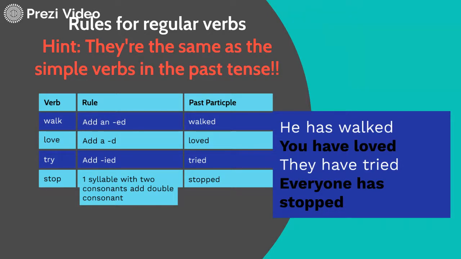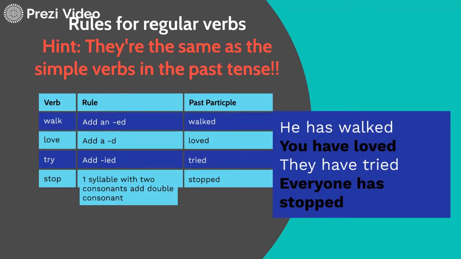You have loved. When a verb ends with y, you take away the y and you add an ied, so try turns into tried with an ied. They have tried. And then, just like in the progressive tense, when we doubled the consonant, the same rule applies, where if there's one syllable with a vowel and a consonant at the end, then you double the consonant.